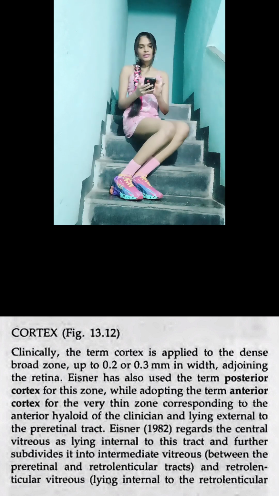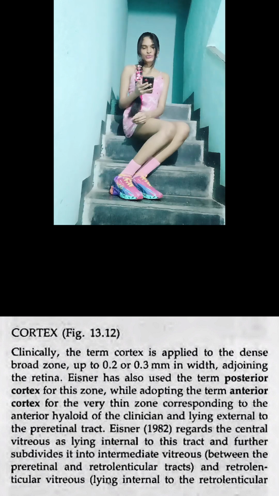Cortex. Clinically, the term cortex is applied to the dense broad zone up to 0.2 or 0.3 mm in width adjoining the retina. Eisner has also used the term posterior cortex for this zone, while adopting the term anterior cortex for the very thin zone corresponding to the anterior hyaloid of the clinician and lying external to the preretinal tract.